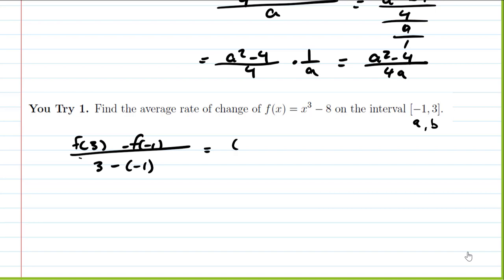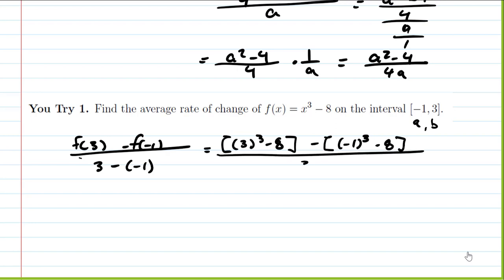So that's going to be 3 cubed minus 8 take away negative 1 cubed minus 8, all over 3 minus negative 1 is 3 plus 1. So 3 cubed is 27. 27 take away 8 is going to give us 19. Negative 1 cubed is negative 1, take away 8 is negative 9. All over 4.